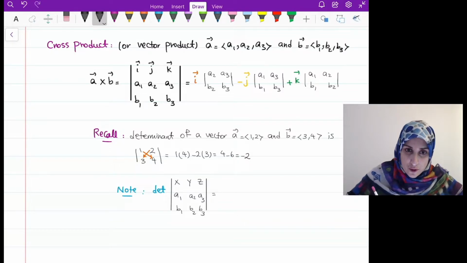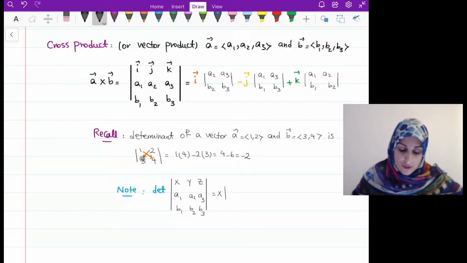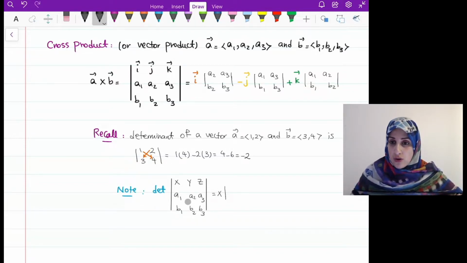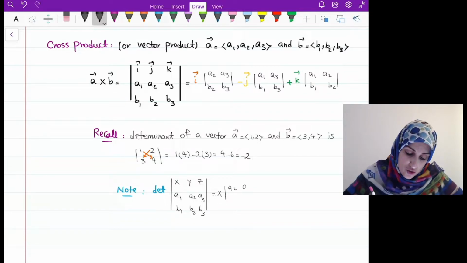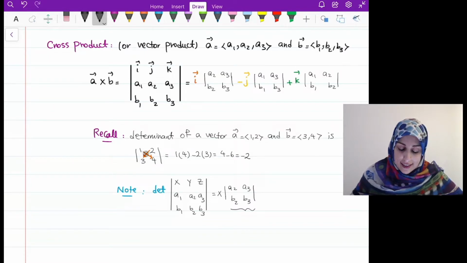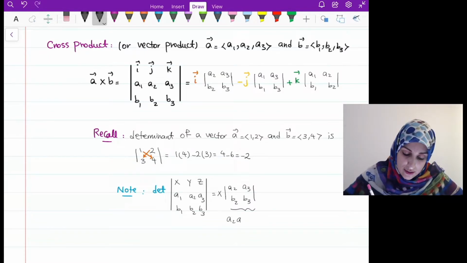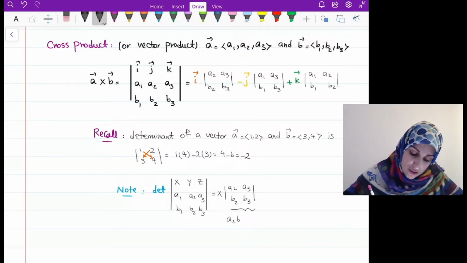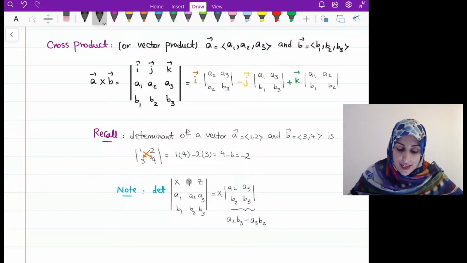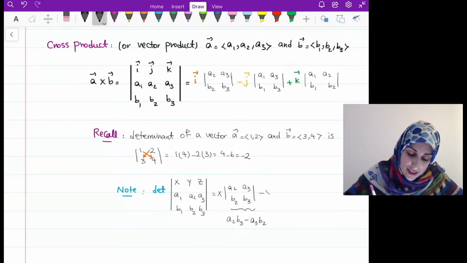It would be X times the determinant of the minor, the matrix left by removing the row and column containing X. I'm left with A2, A3, B2, B3, which gives A2B3 minus A3B2.